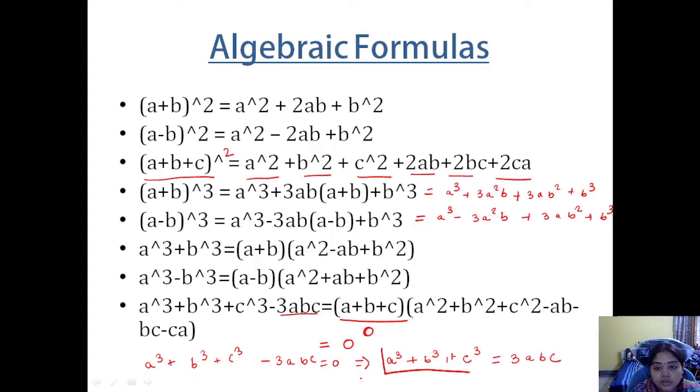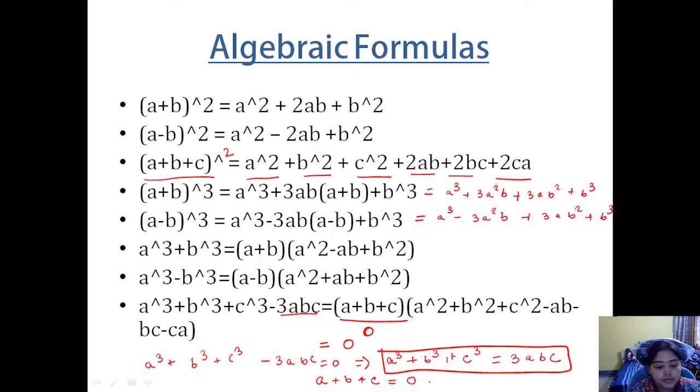Always remember this. This is when a plus b plus c is equal to 0. Fine. So we can solve few problems related to these.